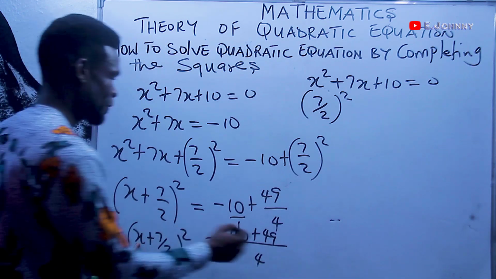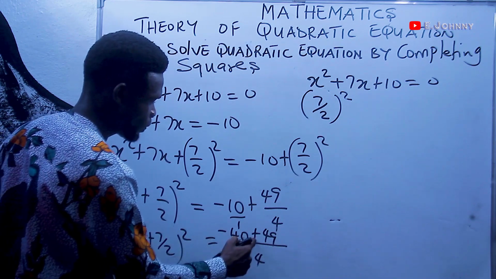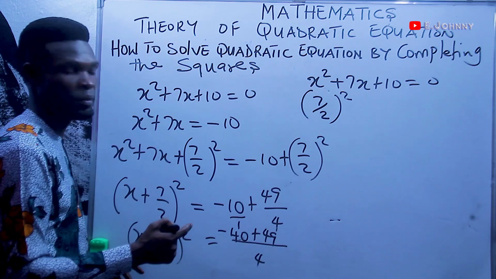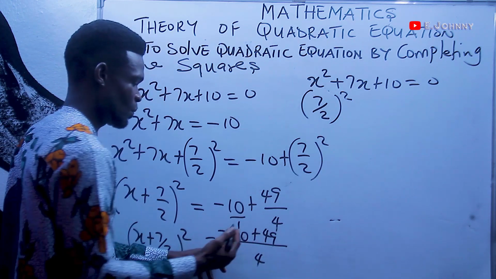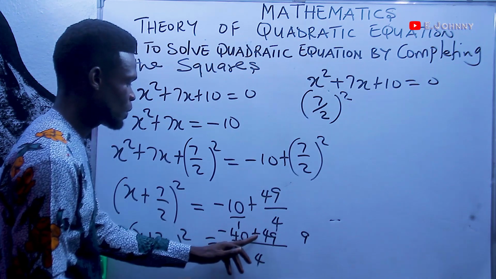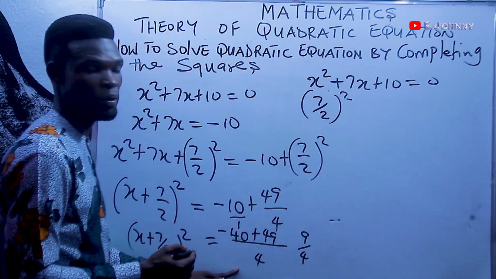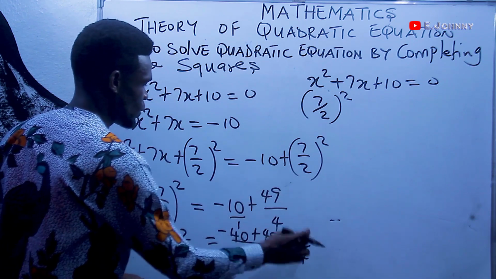So what is minus 40 plus 49? By now you should know that the answer is 9. Minus 40 plus 49 is 9. So you have 9 divided by 4. So having simplified this, you have 9/4.